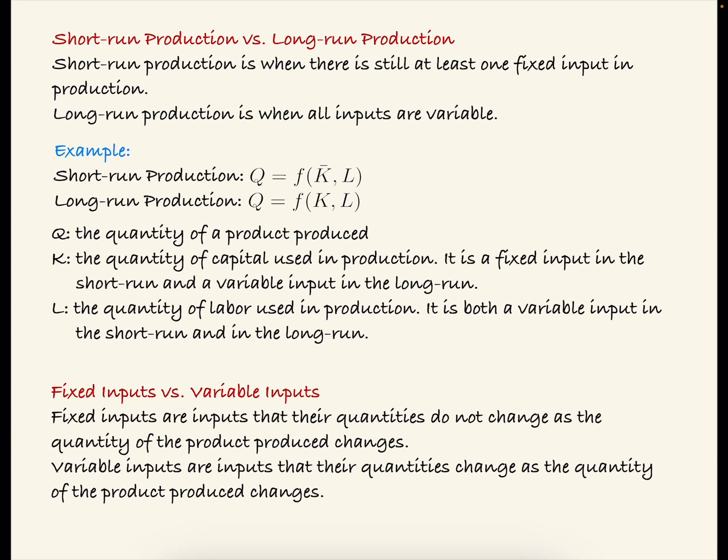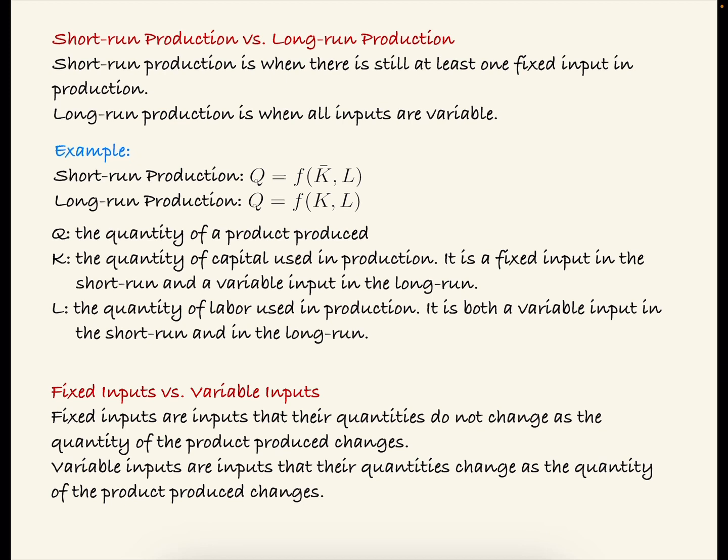Notice that K changes depending whether it is short-run production or long-run production. In the short run, it is a fixed input. In the long run, it is a variable input. L, the quantity of labor used in production, is both a variable input in the short run and in the long run.